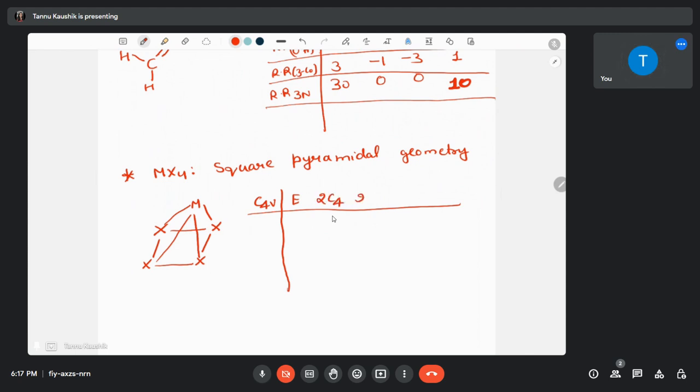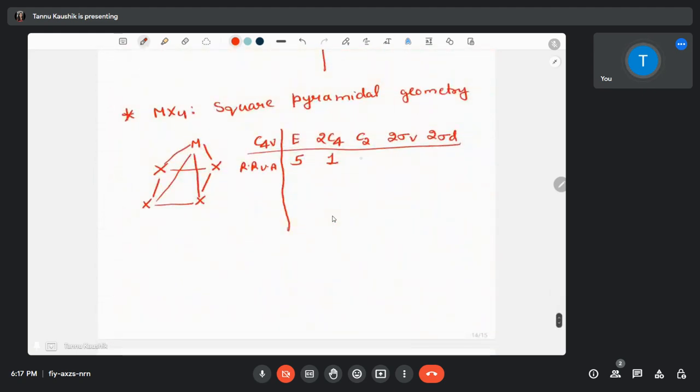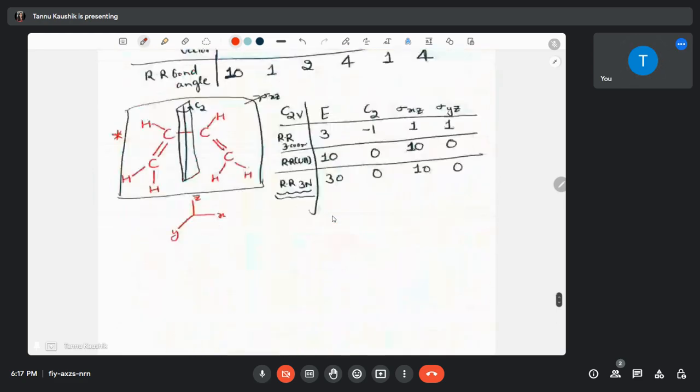The symmetry operations in it are 2C4, C2, 2 sigma v, and 2 sigma d. So if we find out the reducible representation for unshifted atoms, it will be 5, 1, for C2 again 1, sigma v 1, and sigma d 3. And for 3 coordinates, it will be 3.